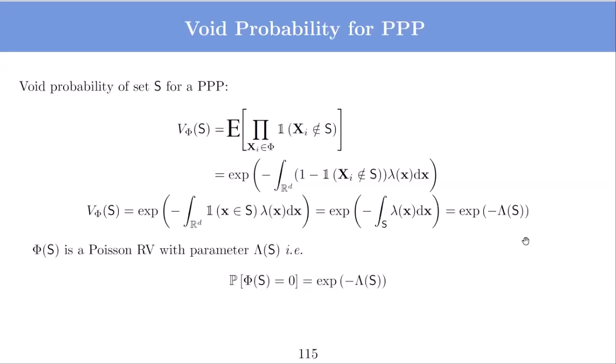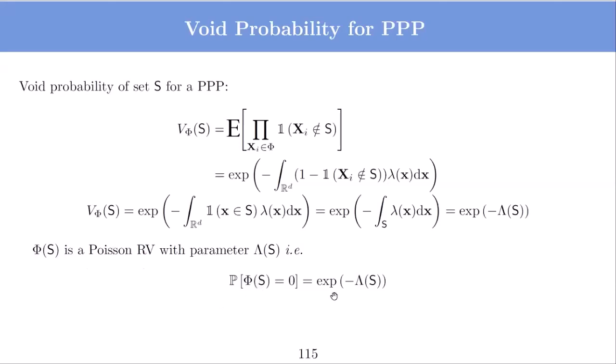Moreover, for Poisson, there was an easy way to do this. We know that Phi(S), the number of points in set S for any S, is a Poisson random variable with parameter Lambda(S). By definition, if you take any set, the number of points in that set is a Poisson random variable with parameter equal to the expectation measure of that set. So what is the probability that a Poisson random variable is 0?